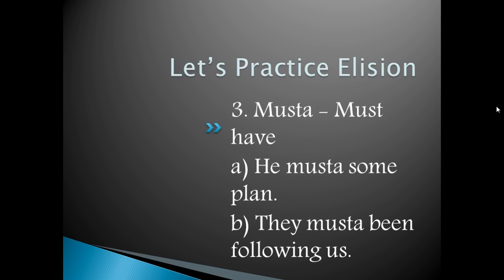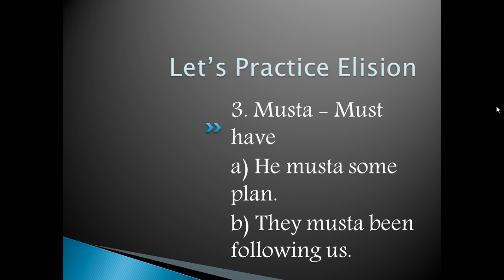Do you see this? So this is the reason कि आपको difficulty हो जाती है समझने में कि वो नेटिव क्या बोल रहा है. Because it is being shortened out. Now let's see. He must have some plan. They must have been following us.